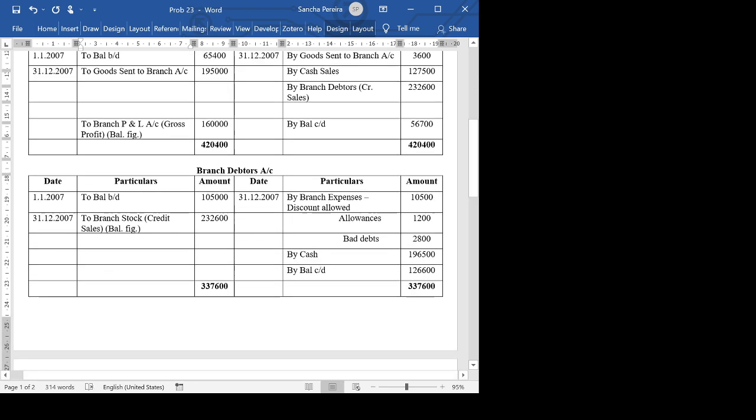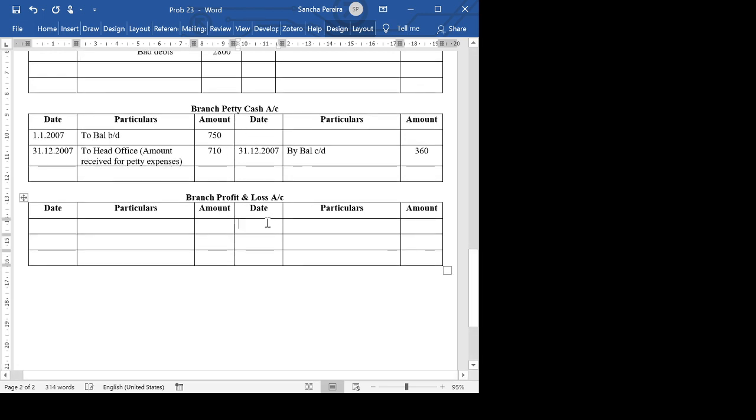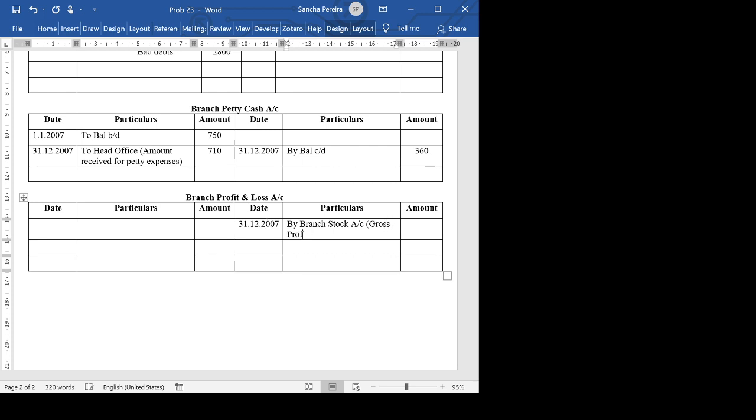So immediately transfer this to the gross profit and loss account. 31st December 2007 by branch stock account, gross profit 1,60,000.